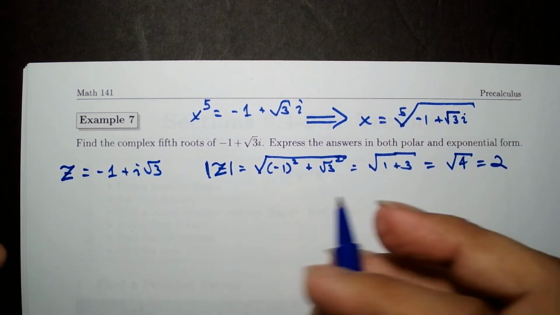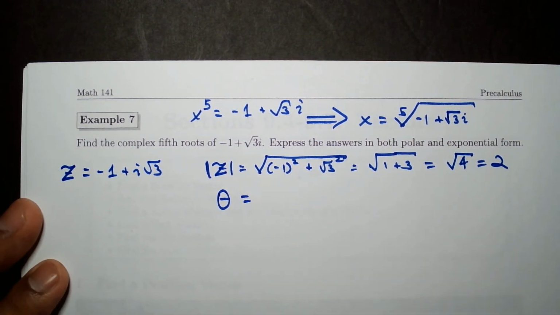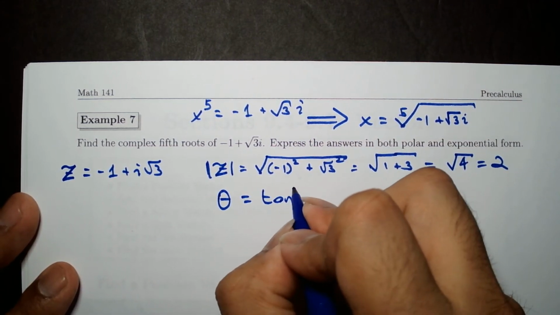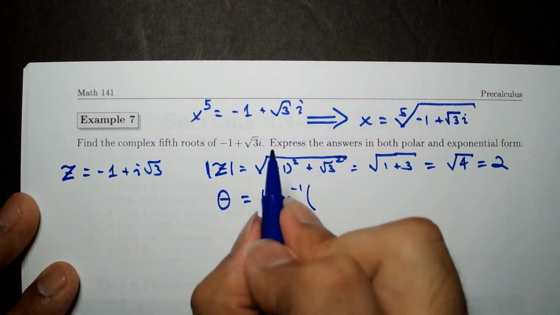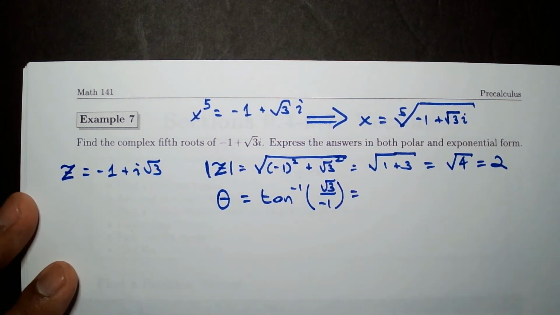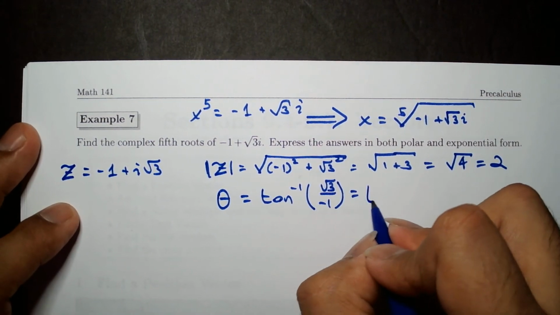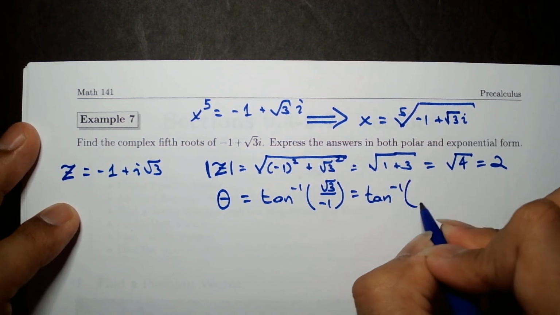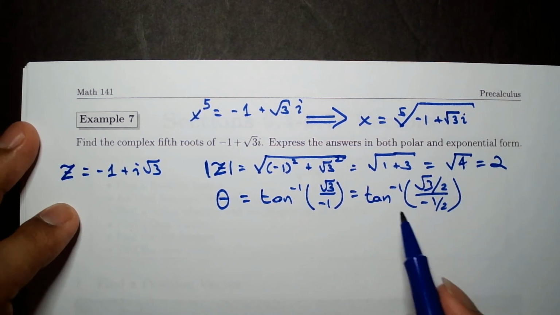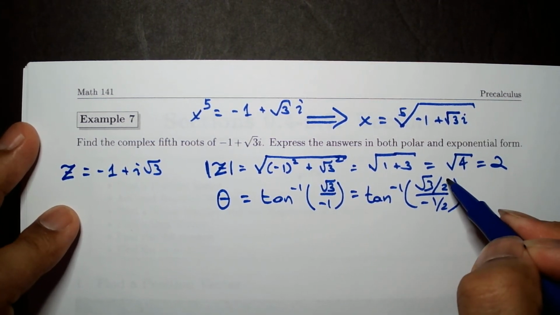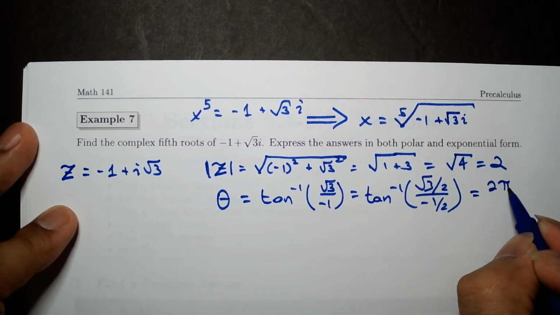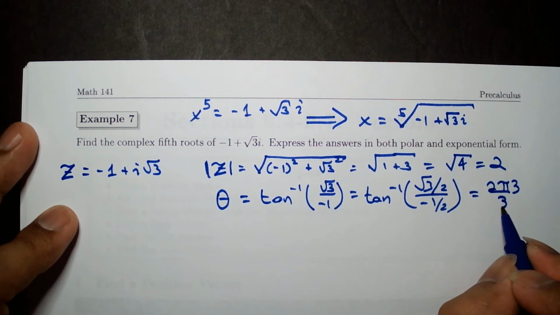All right, let's find the angle. The angle theta equals tangent inverse of y, which is root 3, over -1. This one is a little bit tricky to see. So tangent inverse of root 3 over 2, over -1/2. We're looking for the angle theta for which y equals square root of 3 over 2 and x equals -1/2, and this one happens to be 2 pi over 3.